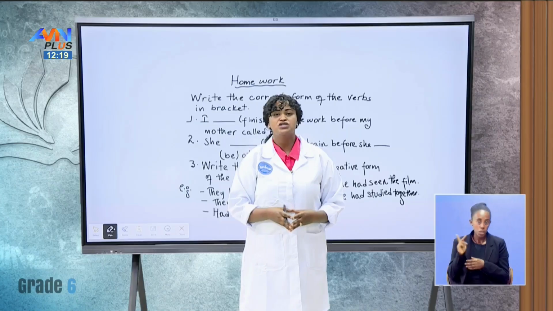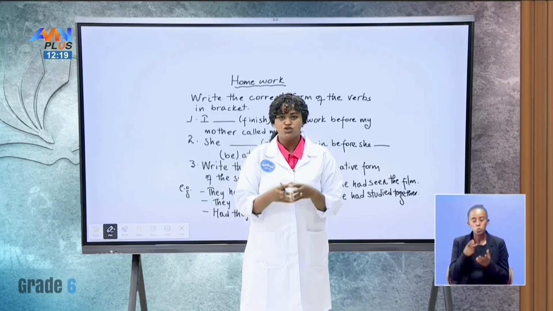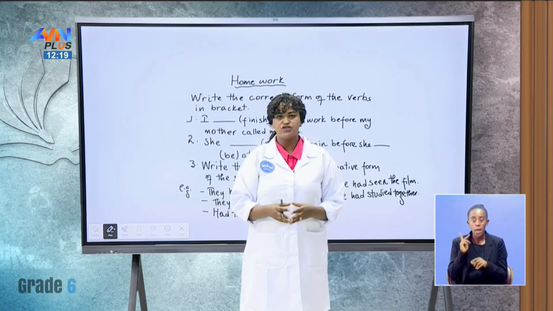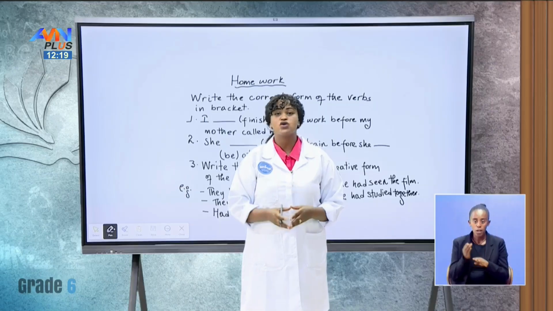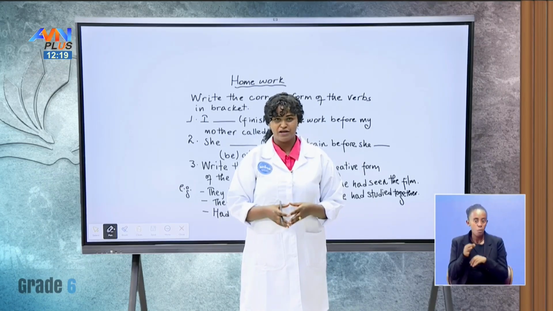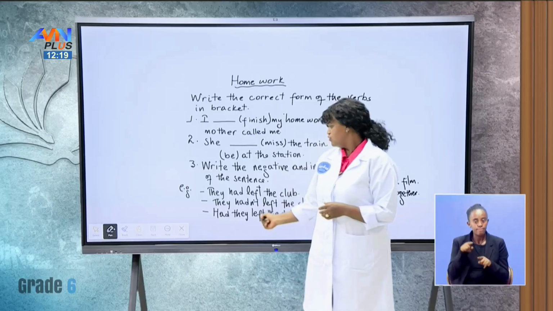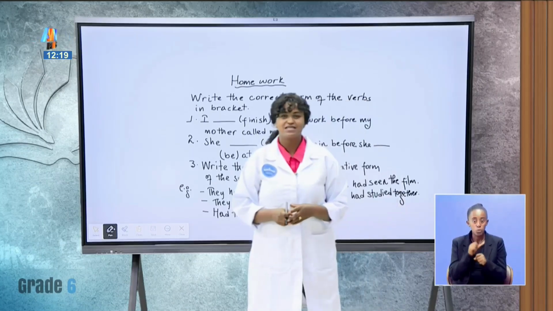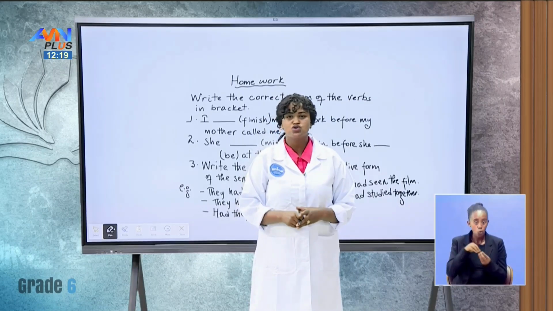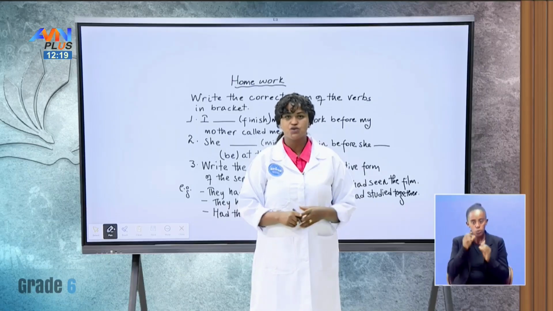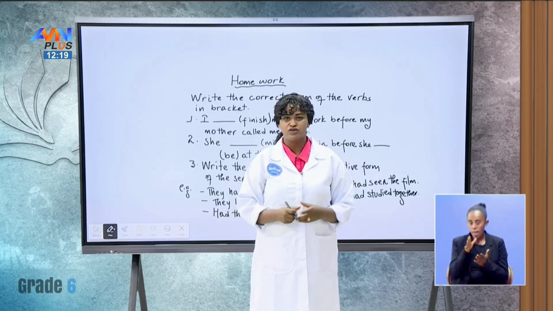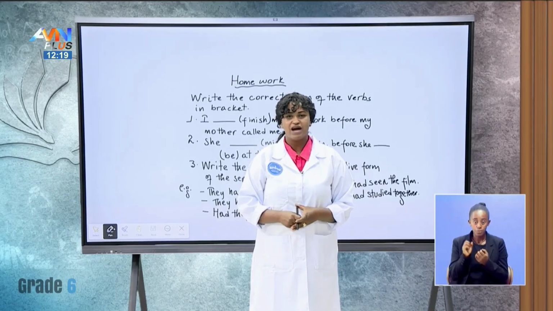And we can also show two different past actions by using before and after according to the time of happening. So next time when I come back, I try to check what you have done with these exercises, and also I want you to show your answers to your teachers at school or your parents and your mentors, all right? That's all what I have for today.